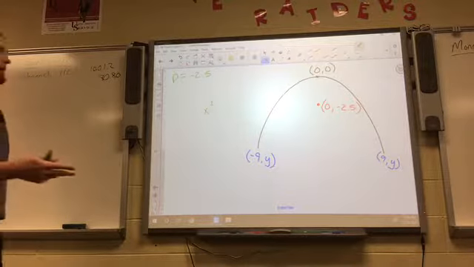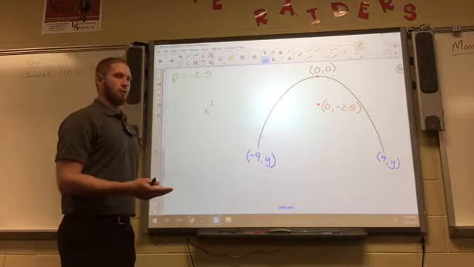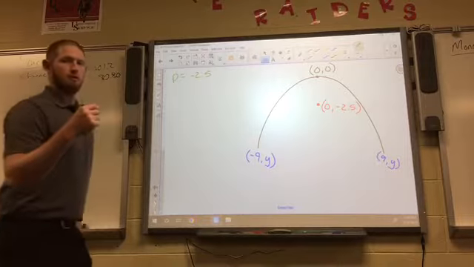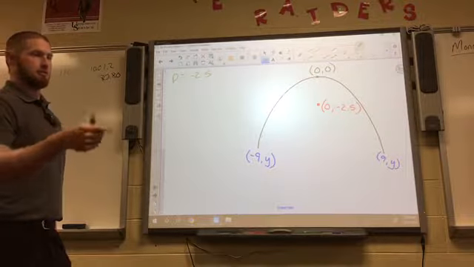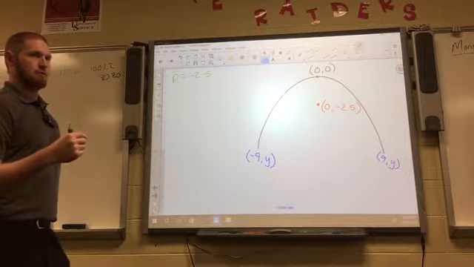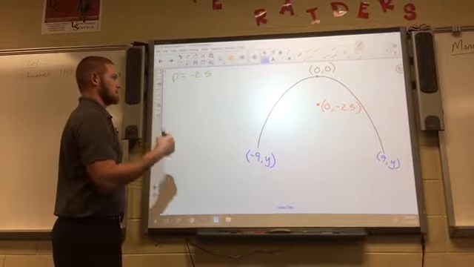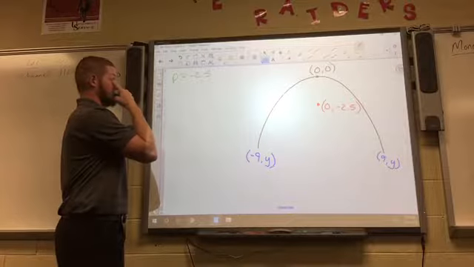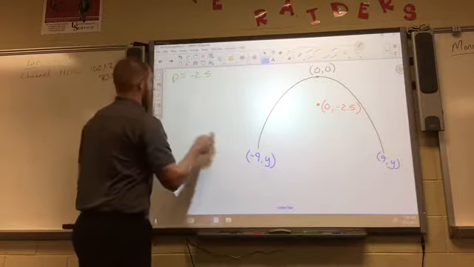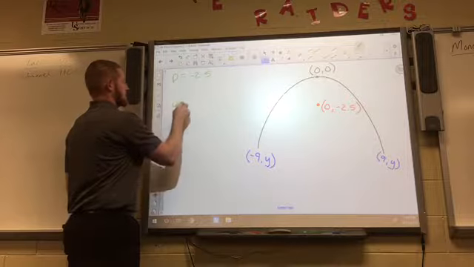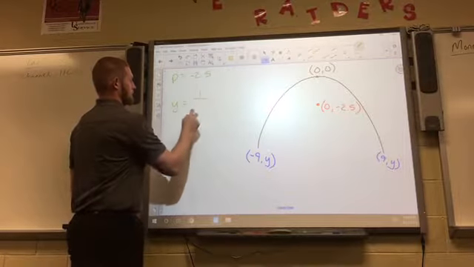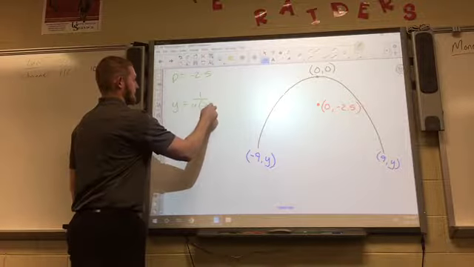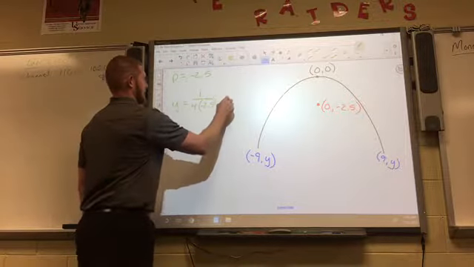Because h and k would just be 0 and they'd end up disappearing anyways. So just understand that the first row there that we have on our sheet is the same exact thing as the second row. They just already plugged the zeros in for you. So P is negative 2.5. Vertex is at the origin. So I just need to plug in to y equals 1 over 4 times negative 2.5, because that's P, x squared.